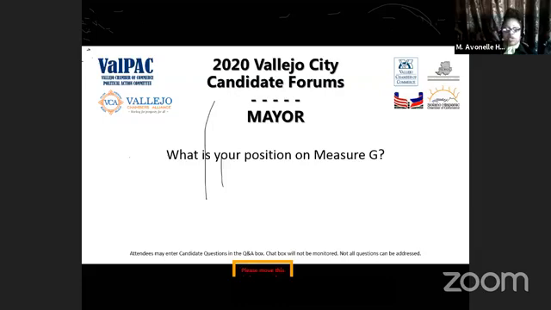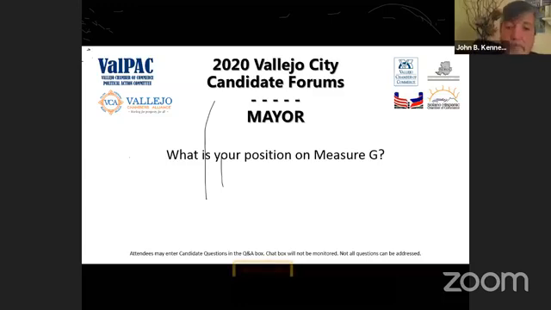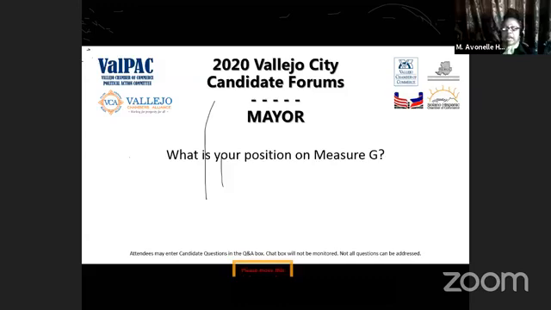My position on Measure G is I think it's important for us to look at our community and what benefits our community. Measure G does not benefit our community. The economic prosperity of all our residents is crucial, and as mayor, that's the number one thing that I look at. Whatever we bring to our city, how does this benefit all our residents?